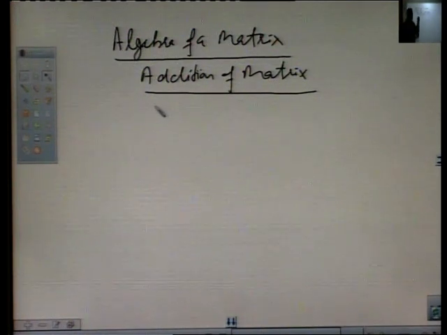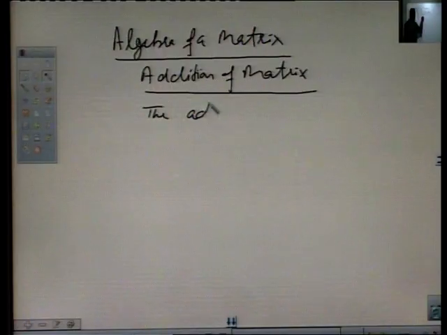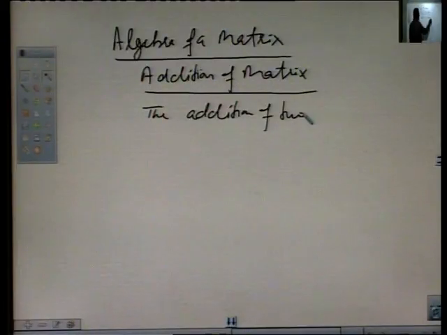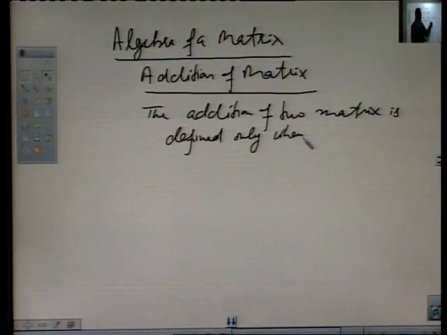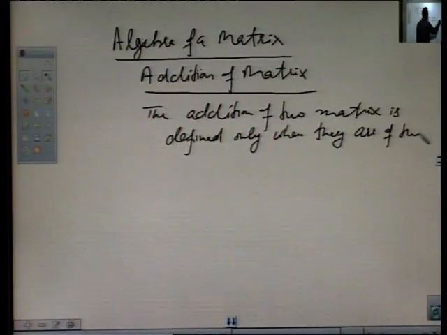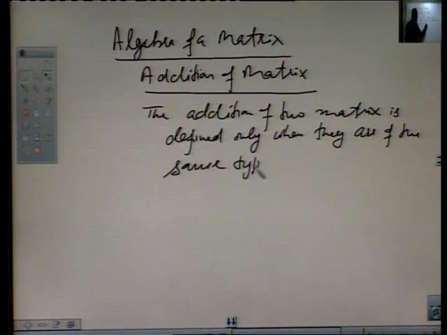The addition of two matrices is defined only when they are of the same type. We cannot define the addition of two matrices if they are of different types.